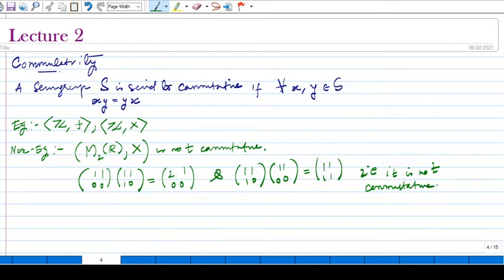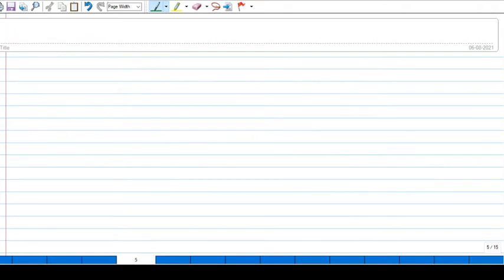So being given these examples, I'm just going to define what a monoid is. So we are going to define what a monoid is.